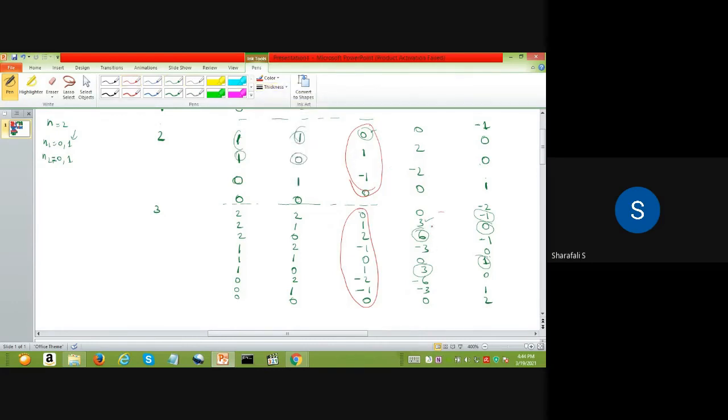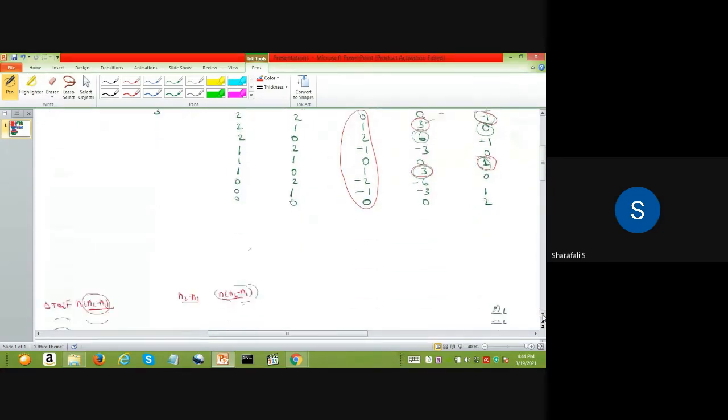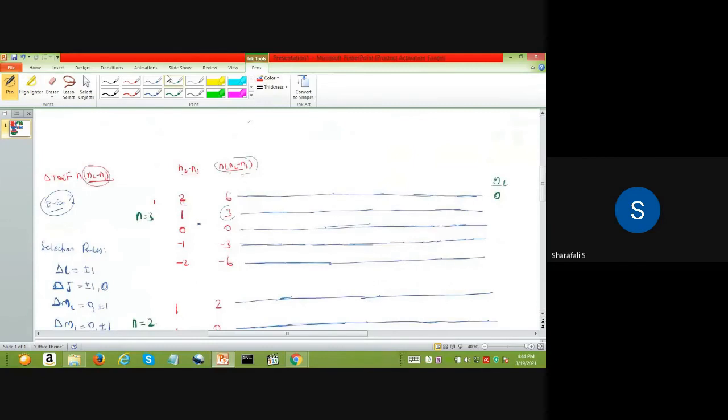There is one 3 here for n into n2 minus n1, it can have value minus 1. And another 3 here, which can have ML value equal to 1. So for n into n2 minus n1 equal to 3, we have ML values minus 1 and plus 1.